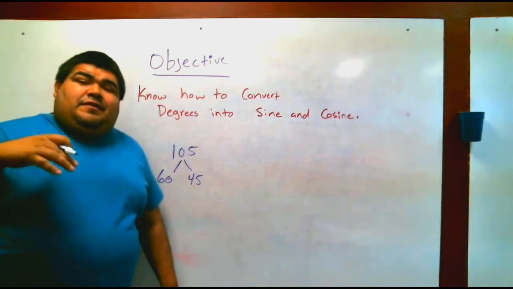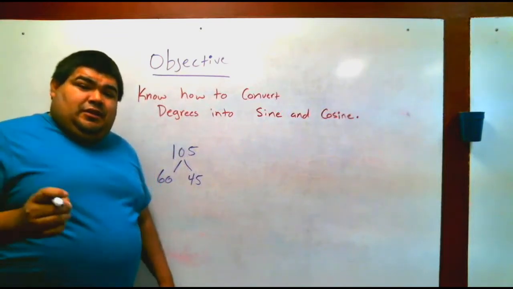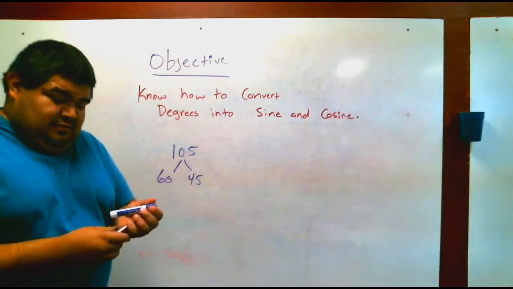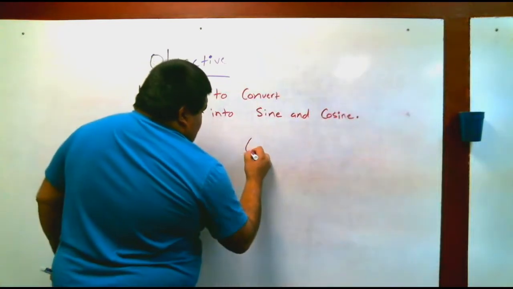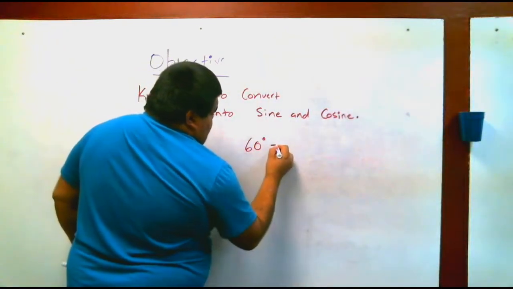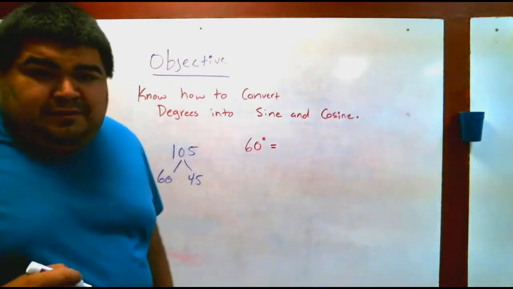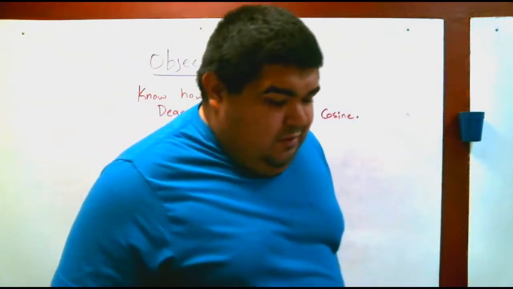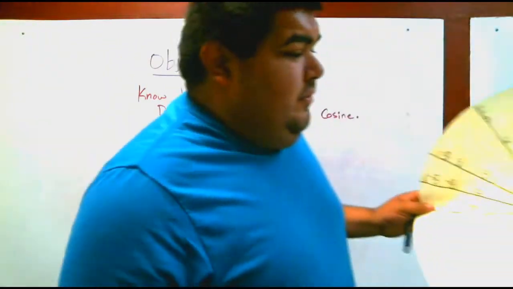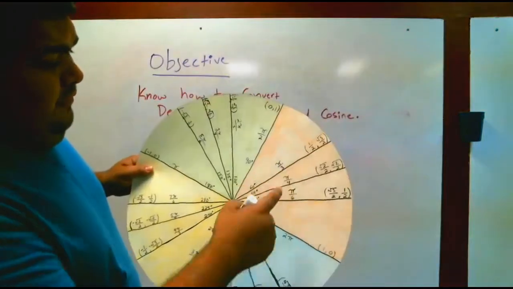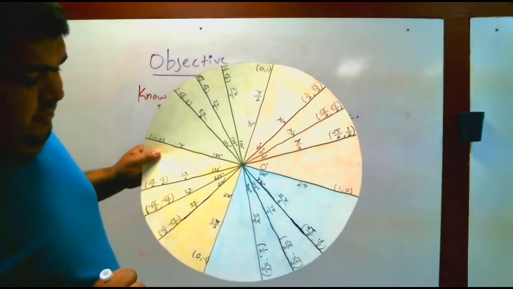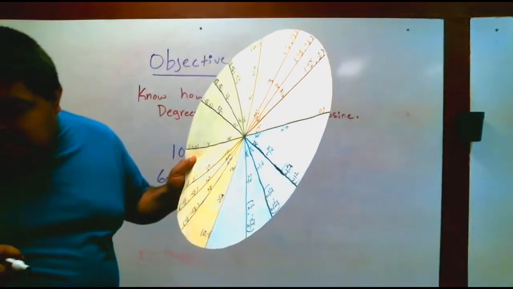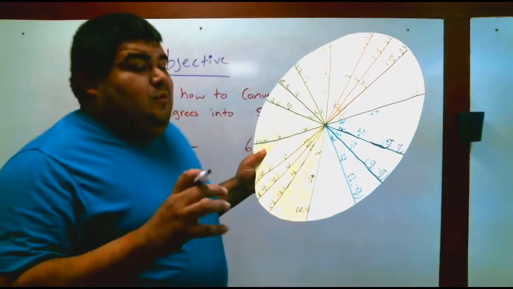Since we didn't have 105 on the unit circle to convert to sine and cosine, now you have 2 numbers to convert. 60 is in there. So for 60, we will say 60 degrees equals... If you guys remember, on our unit circle, where the parentheses are, the first number is cosine and the second one is sine.